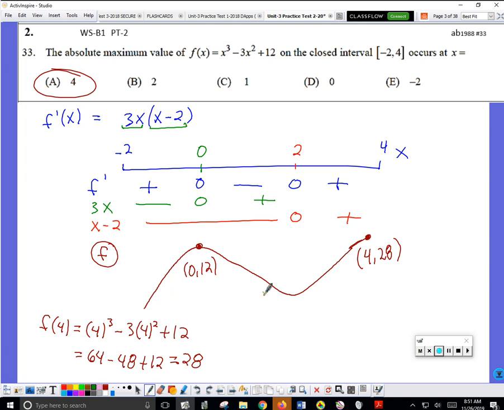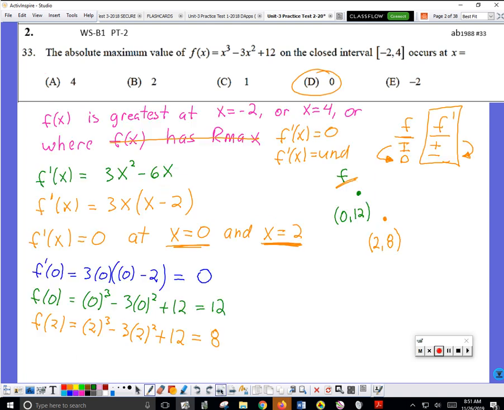But that could absolutely be the absolute max. That's what the min-max theorem is telling us: that the highest point in f is going to be either at the very beginning of f, the end of f, or where f has a relative max. So does that answer your question?